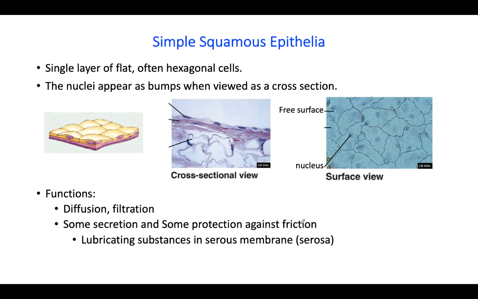We studied serous membrane. Serous membrane secretes lubricating substance so that they reduce friction or abrasion. That kind of secretion can occur by simple squamous epithelia.